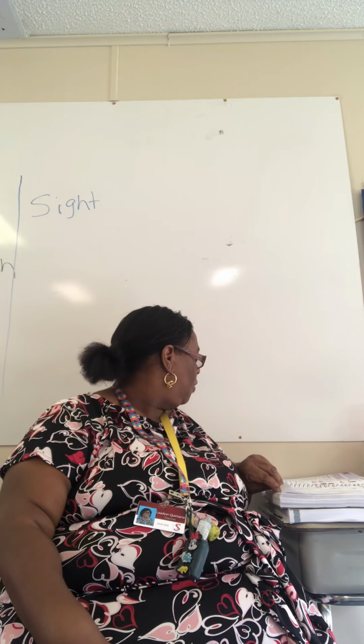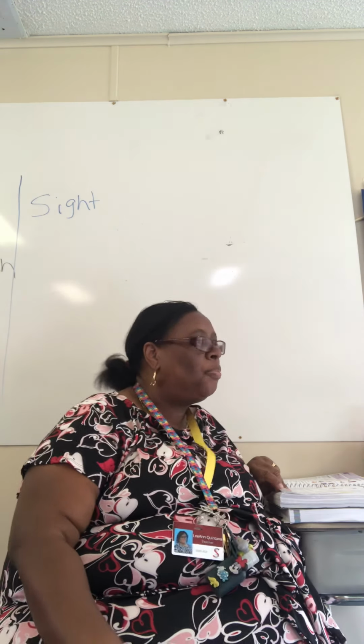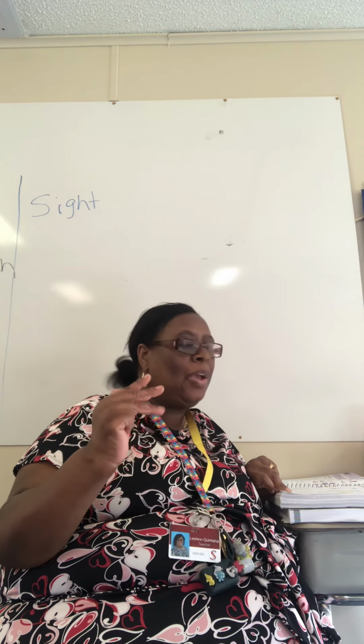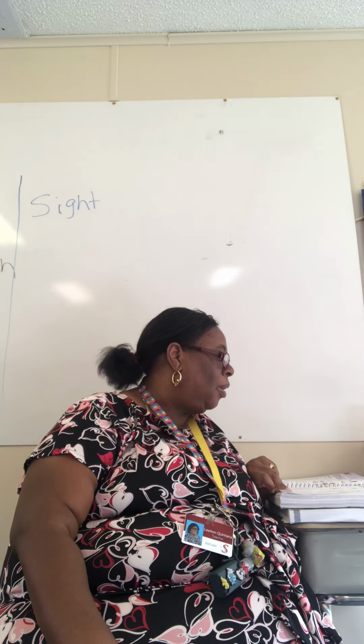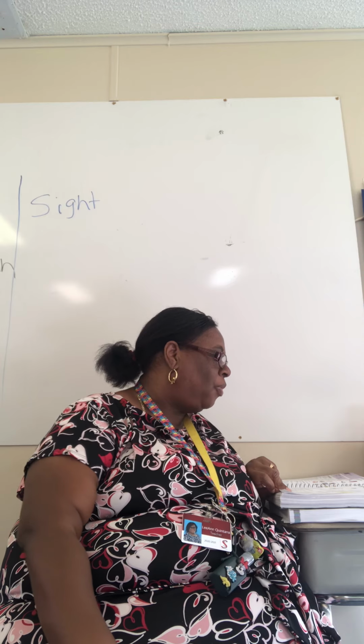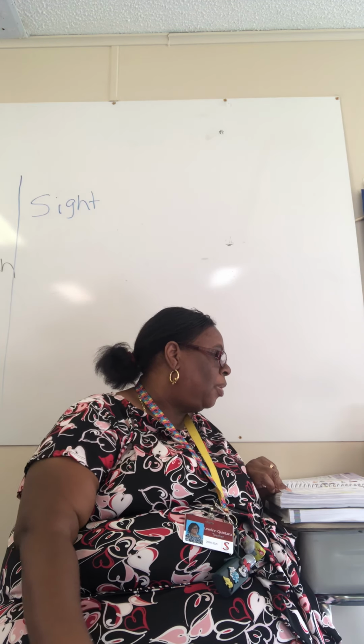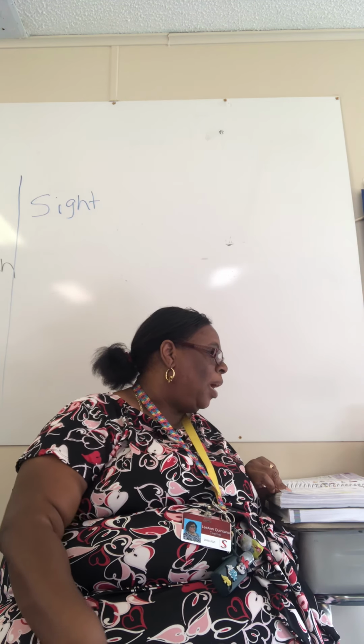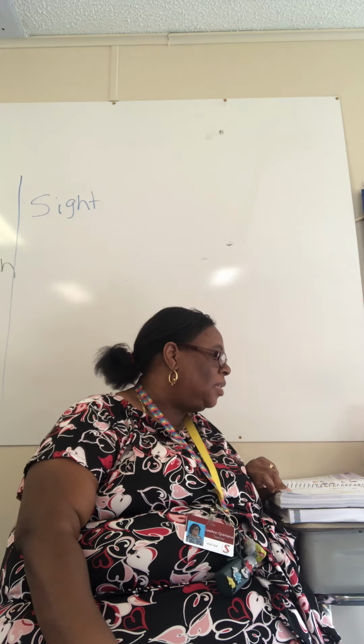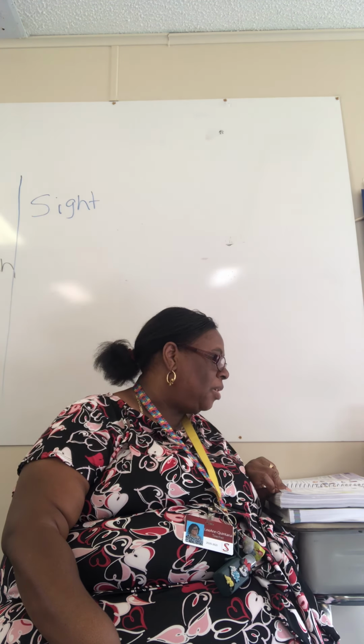We will have a chart, but we know the vowels are A, E, I, O, U. And we talked about the word family it. We have the S, the I, and the T for sit.